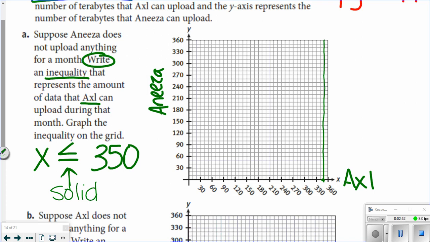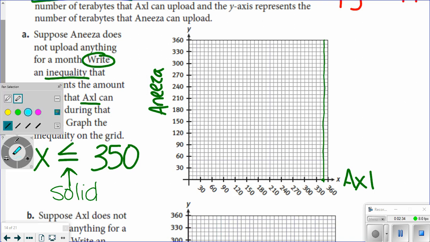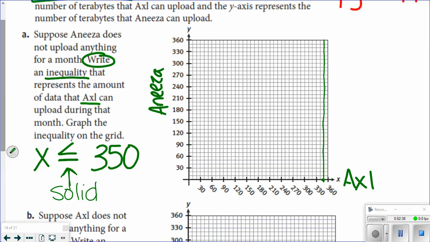Now let's think about shading. We want to shade all X values less than or equal to 350. So is 60 less than? Is 180 less than? What about 0? What about 280?